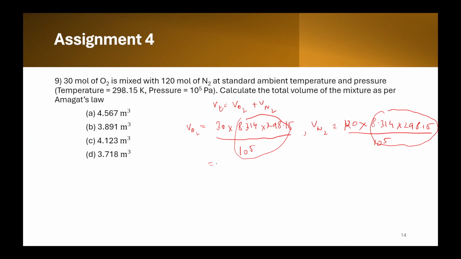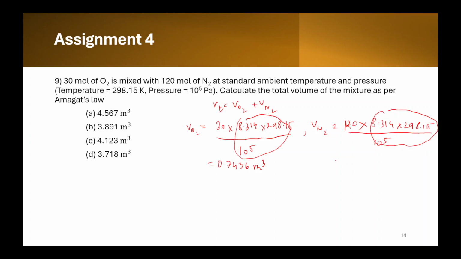So volume of O2 is 30 into 8.314 into 298.15 divided by 10 to power 5, which is 0.7436 meter cube. Please keep in mind the unit of volume will be meter cube.